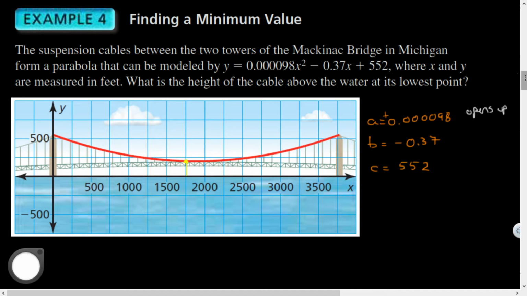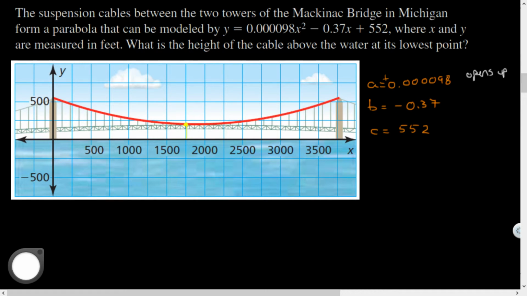So let's figure out what h is. H is going to equal negative b over 2a, and that's going to be a crazy small number for the 2a, but that's fine with us. So the opposite of negative 0.37, this is going to be a calculator problem, by the way, over 2 times 0.000098.